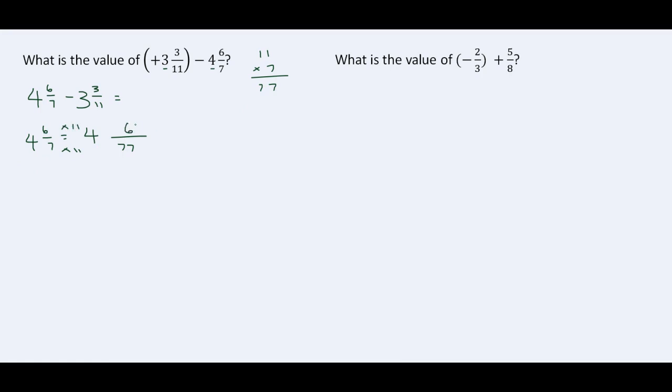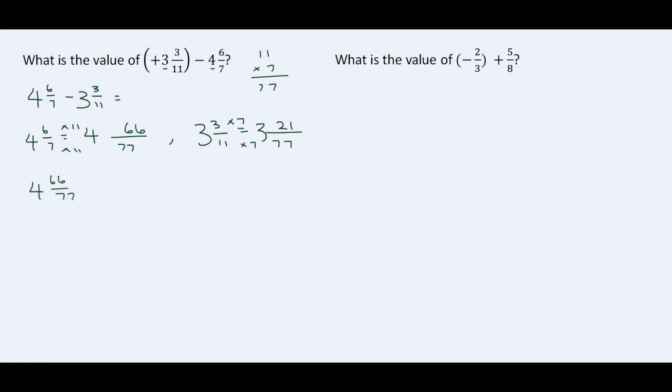So that's going to be 44. And then 3/11. We still have 77 as the denominator. We multiply by 7. So we multiply this also by 7. We have 21. It's going to give us 3 and 21 over 77.